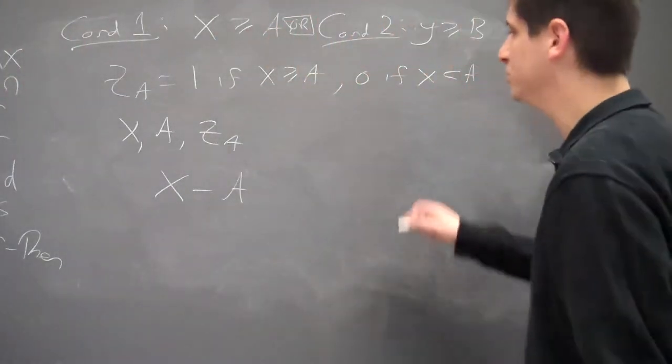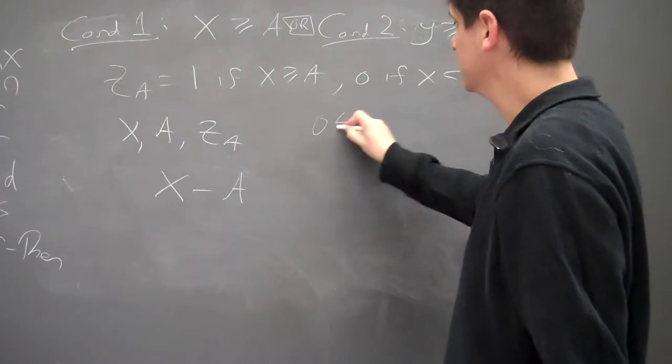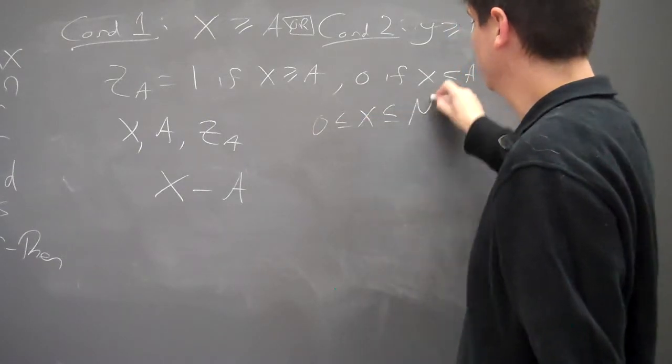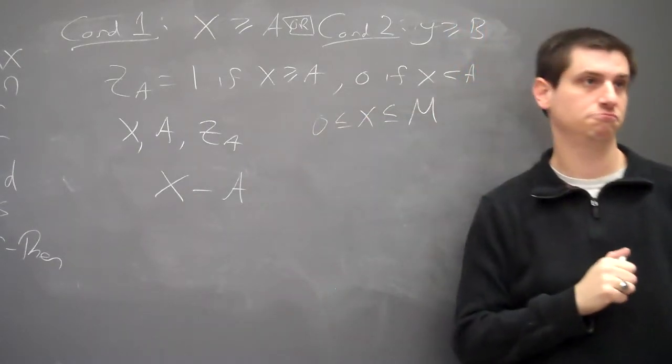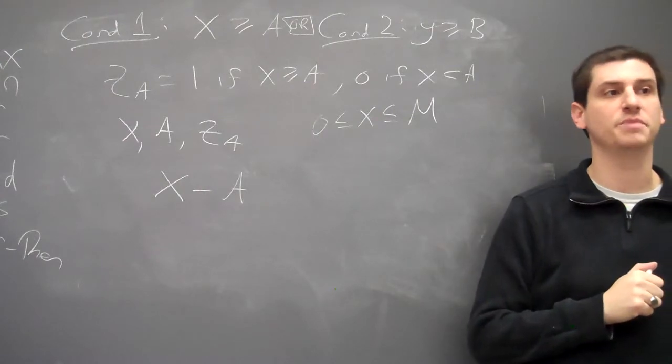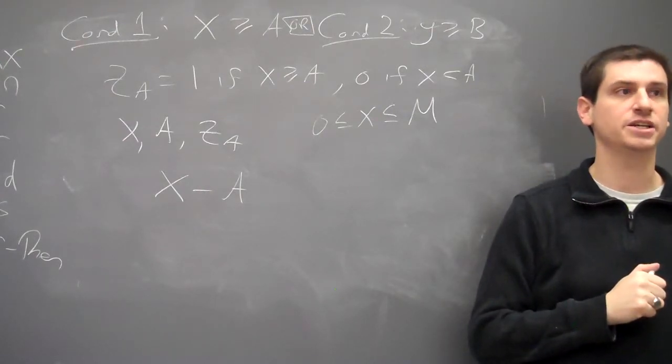So it might help to say 0 less than or equal to x less than or equal to some big number m. We'll assume all of our quantities are bounded, so they can't get too large.